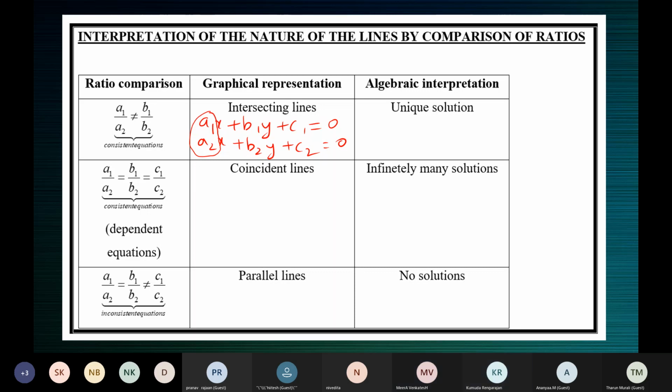Coefficient of x. A1 is the coefficient of x in the first equation. What is A2? Coefficient of x in the second equation. What is B1?